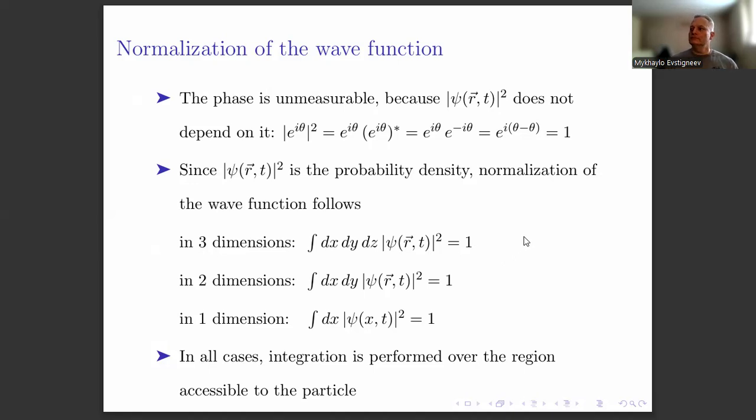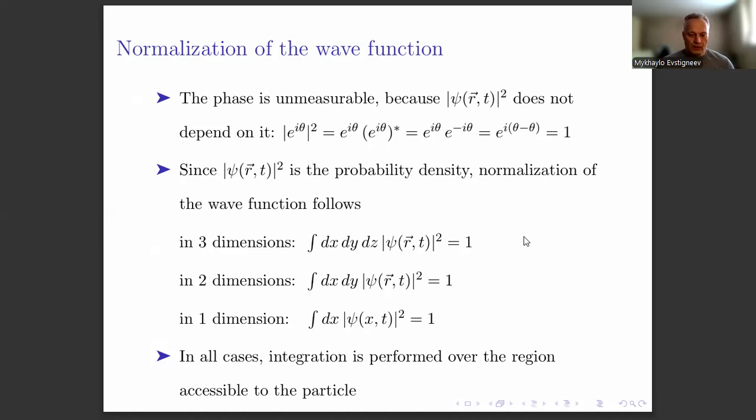Sometimes, the electron is confined to two-dimensional motion, in which case its wave function depends not on 3 arguments, x, y, and z, well, plus time, but on 2 space arguments, x and y.